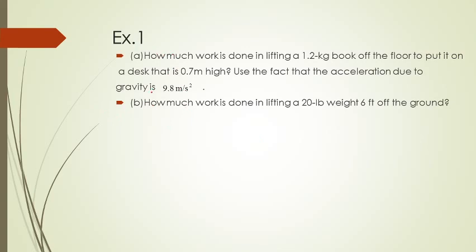Okay, very simple question. Let me teach you some physics knowledge here. How much work is done in lifting a 1.2 kilogram book off the floor to put it on a desk that is 0.7 meters high, and use the fact that the acceleration due to gravity is 9.8 meters per second squared.